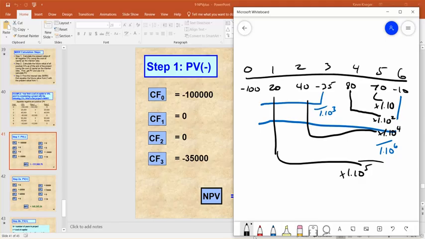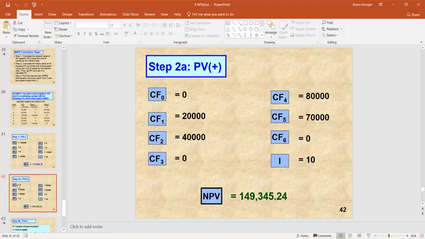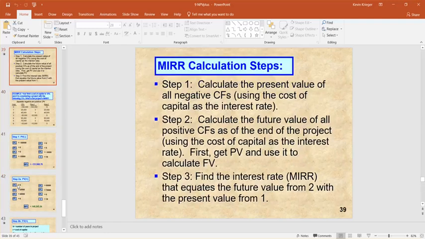Or you can go back to your cash flows and just get the present value of all the positives. And it says 149,345, but you have to remember the 149,345.24 here is at time 0. It's not at time 6. And you need it, as this step 2 says, at time 6.